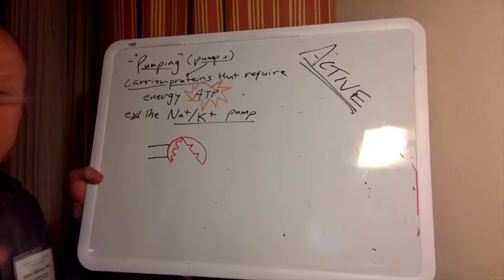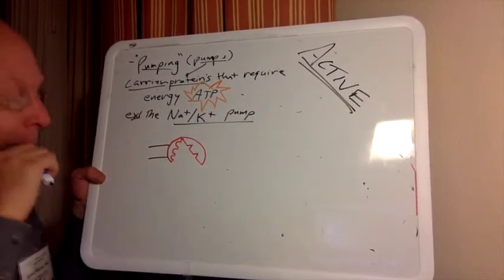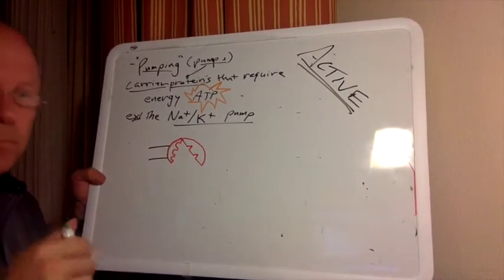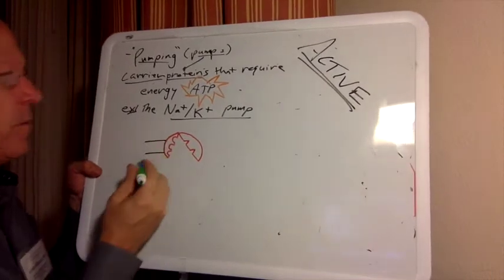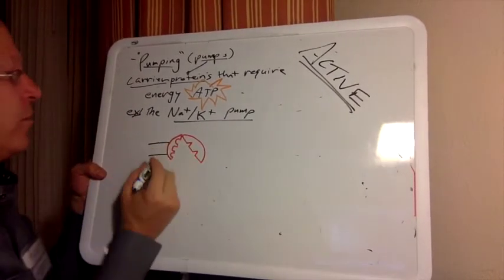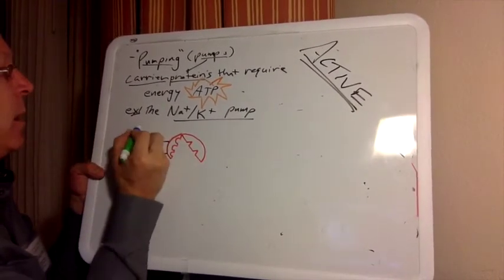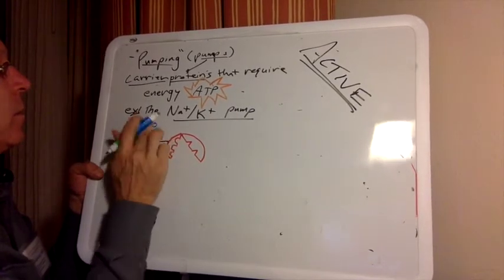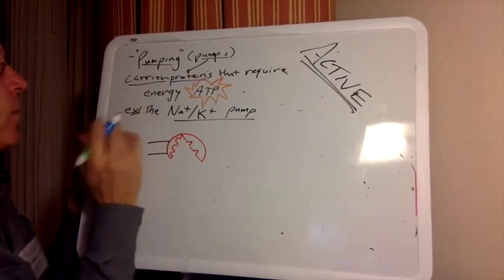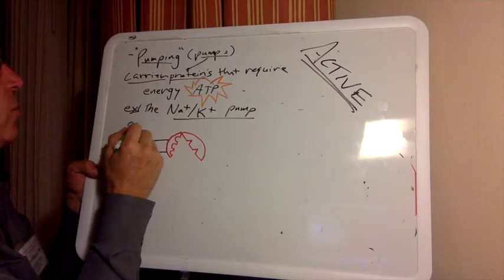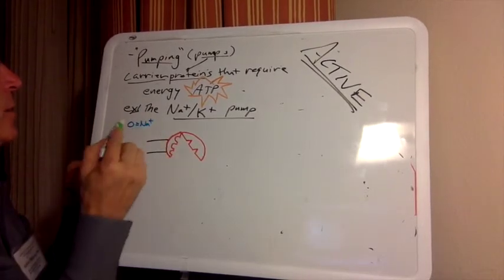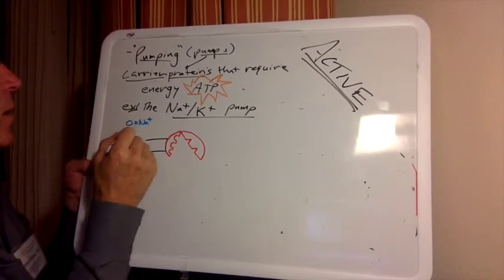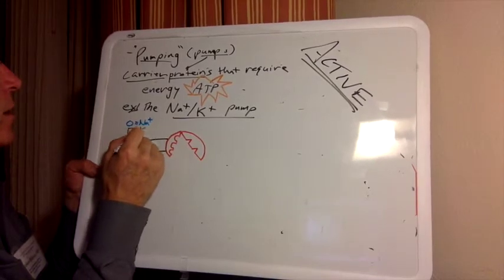We're going to make a legend for our substances. And let's see, these colors could end up being backwards from the way that they are in the book, but I'm going to use a blue circle to represent Na+, and I'm going to use a green square to represent K+.